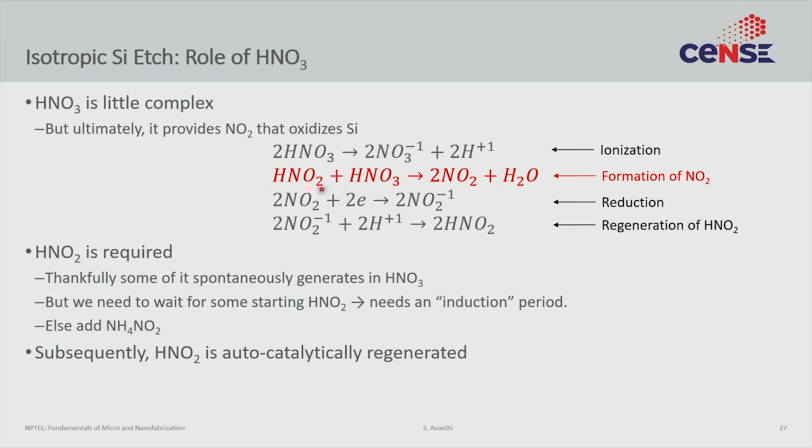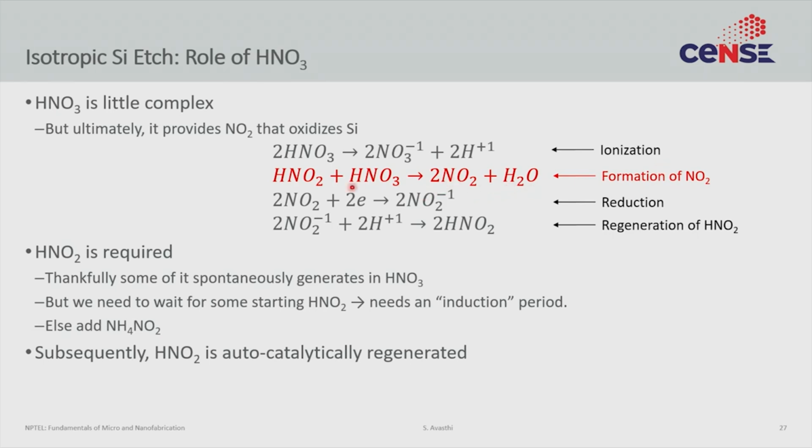Now this is the reaction I have marked in red, because this is what leads to the formation of the NO2, and by and large this is the slowest step in this whole chain. The amount of NO2 you form is what actually decides your ability to etch. So if you want to increase the etching rate, this is the equation that you should be focusing on. This is the rate limiting step.